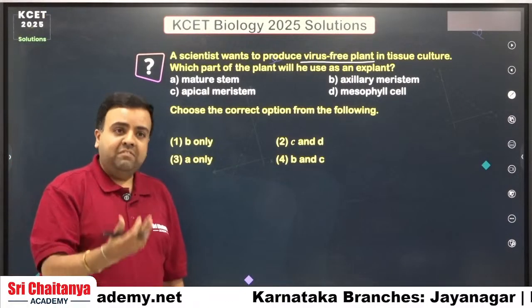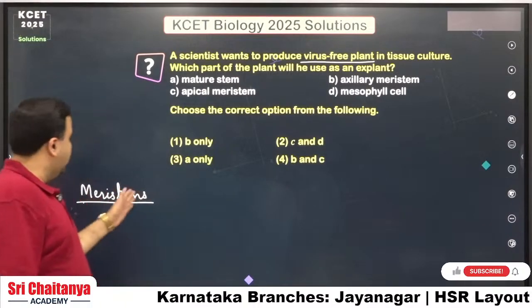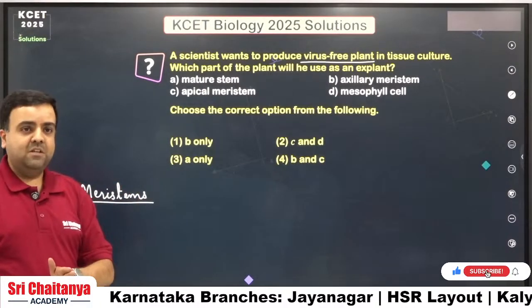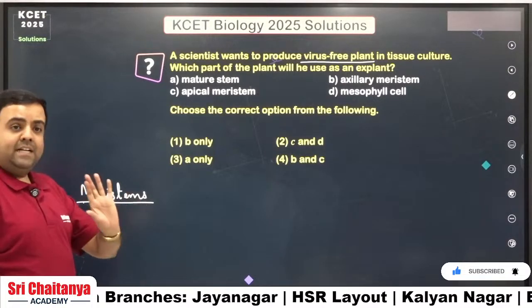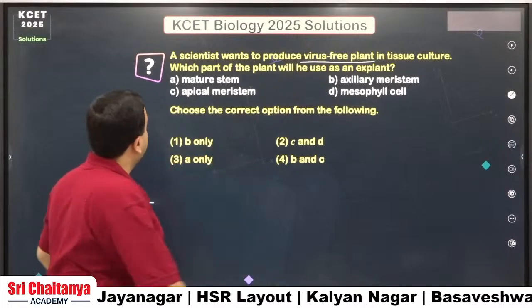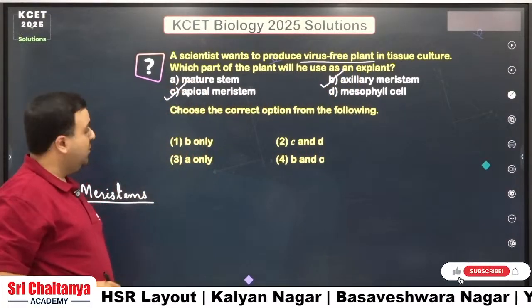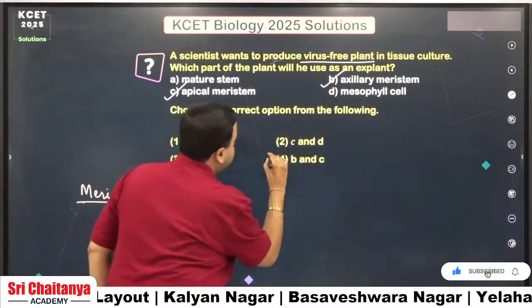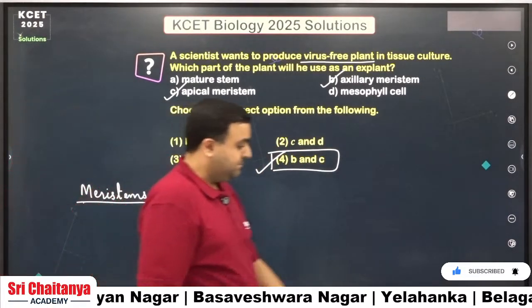Now, once a virus infects the cell, even before it can synthesize its components, the meristem has undergone several divisions. So, therefore, meristem is the best candidate to choose and create plants that are free from viral infections. From the given options, axillary meristem and apical meristem both are going to qualify. Hence, option 4 is going to be the correct answer for this question.